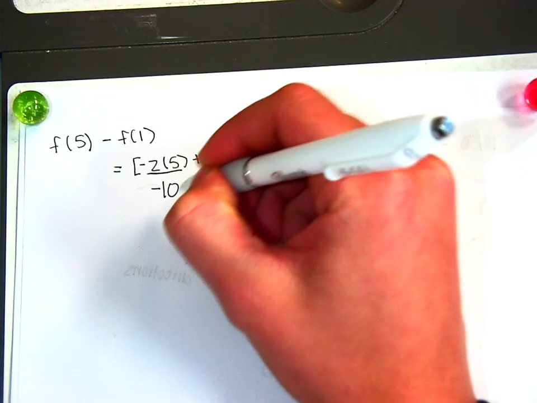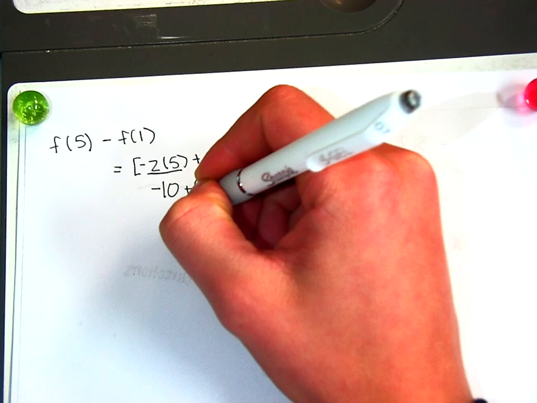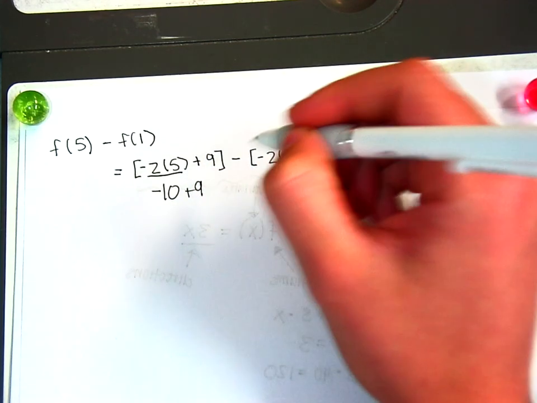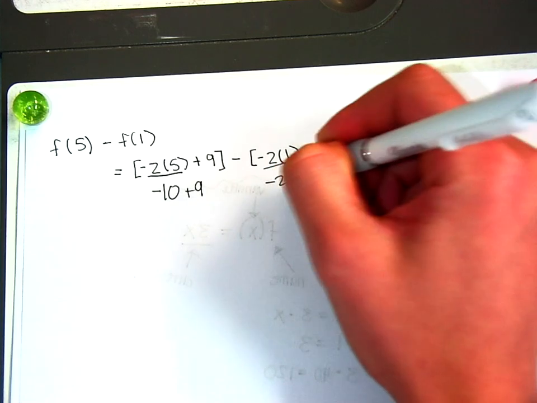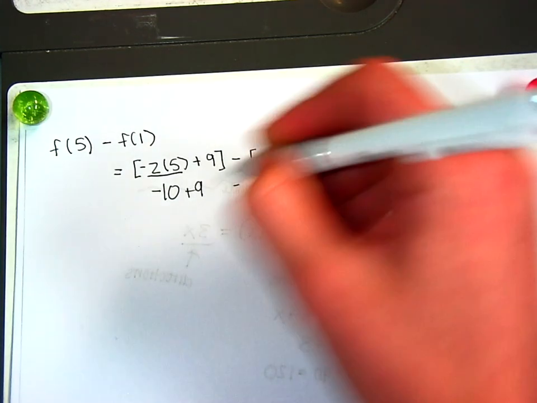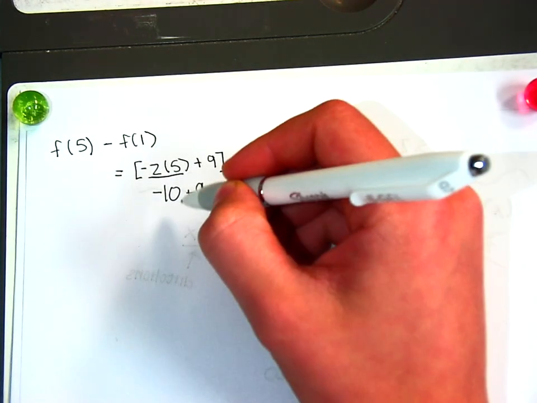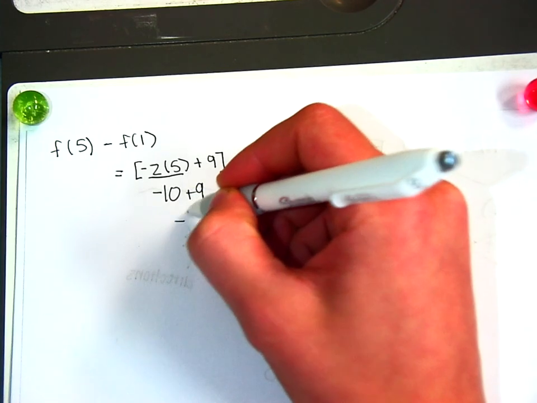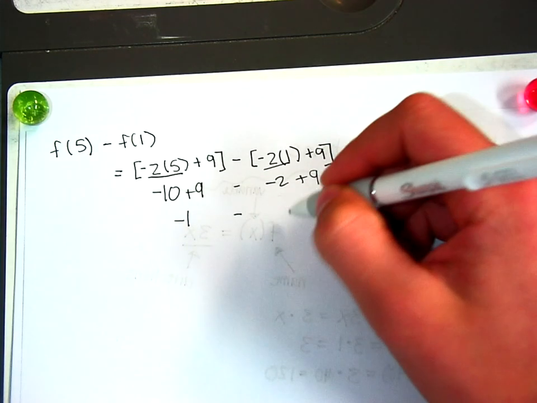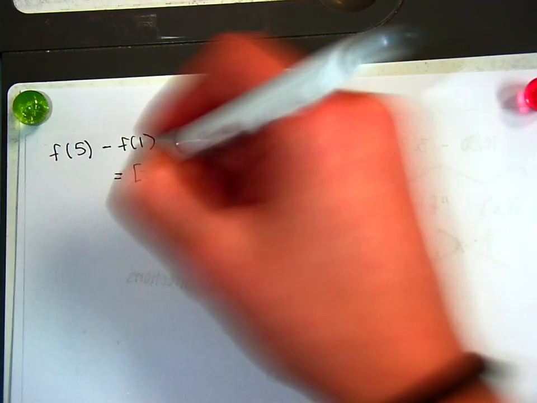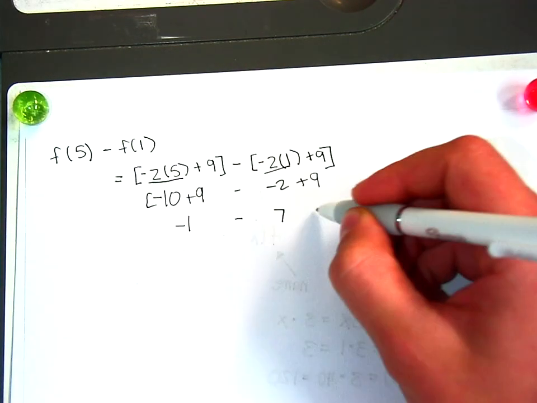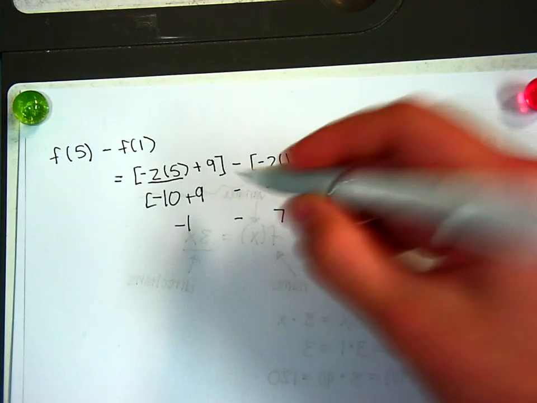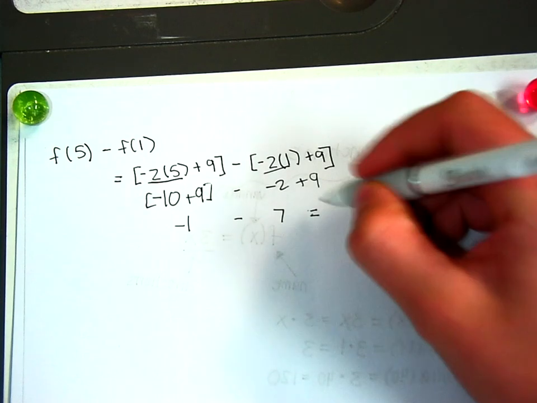And then we'll have to add the 9. And then we got a minus. Then we'll multiply negative 2 times 1, we'll get negative 2 plus 9. Then negative 10 plus 9 gives negative 1. And negative 2 plus 9 is 7, and then negative 1 minus 7, you should get negative 8.